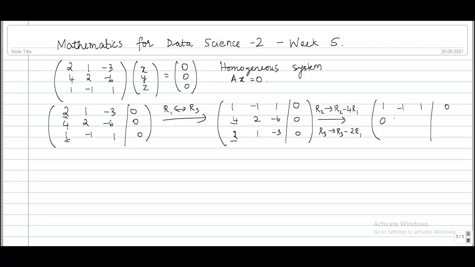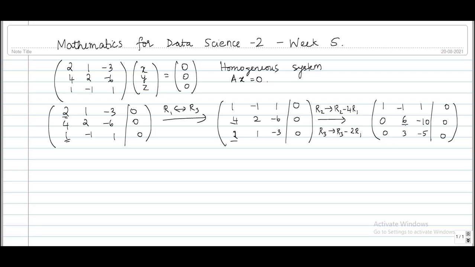So 4 minus 4, 0. 2 plus 4, 6. Minus 6 minus 4, that is minus 10. 0. Third row is third row minus 2 times first row. So 2 minus 2 is 0. 1 plus 2 is 3. Minus 3 minus 2 is minus 5. And then 0 plus 0 is 0.